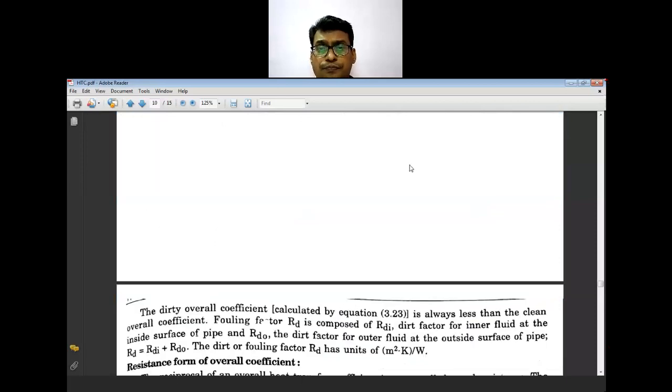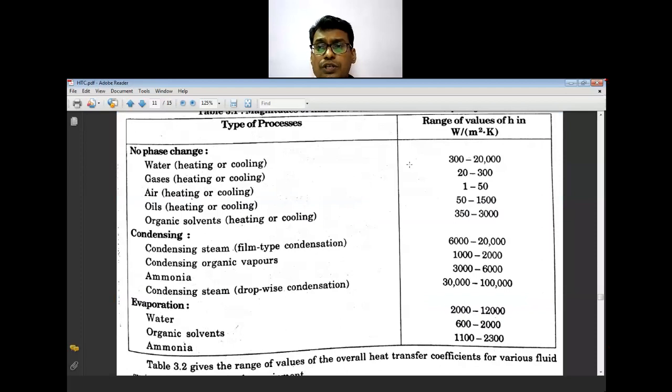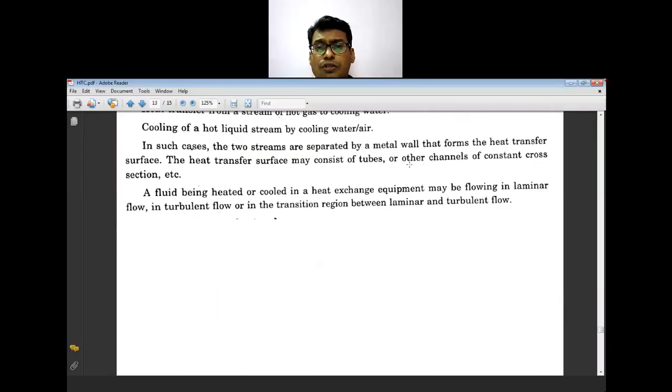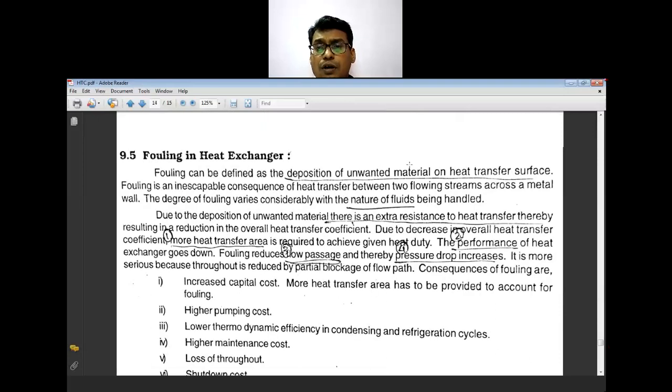Then we have also talked about the fouling factor. Now, this fouling factor is dependent on certain factors.